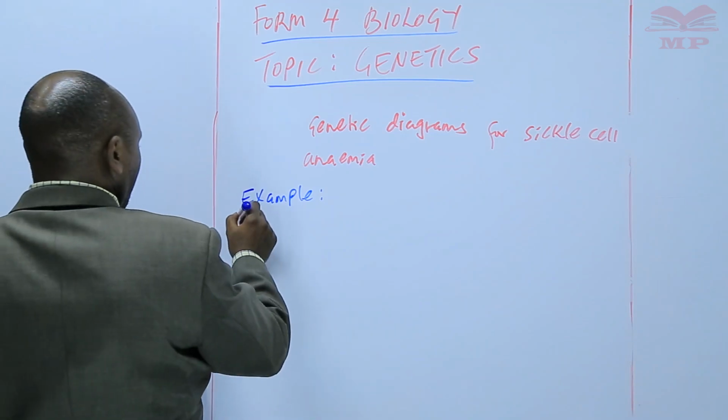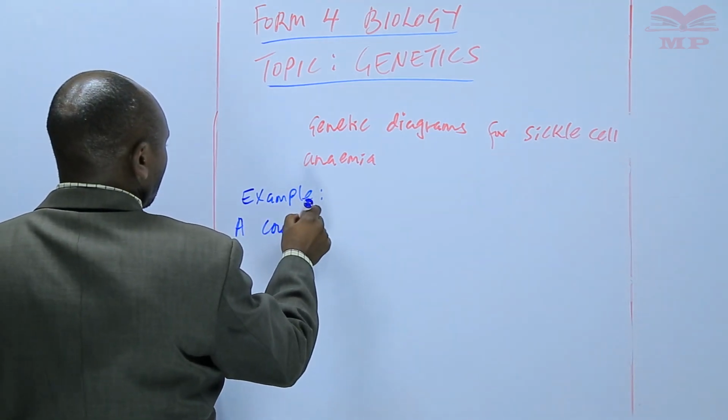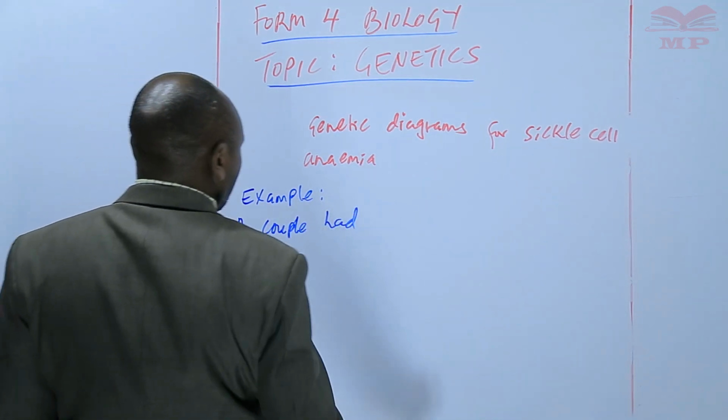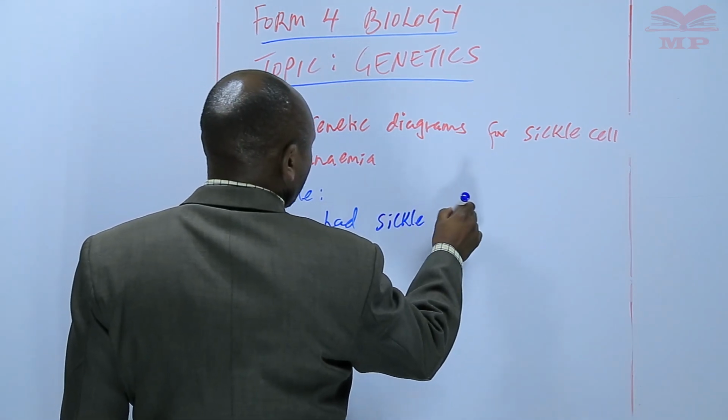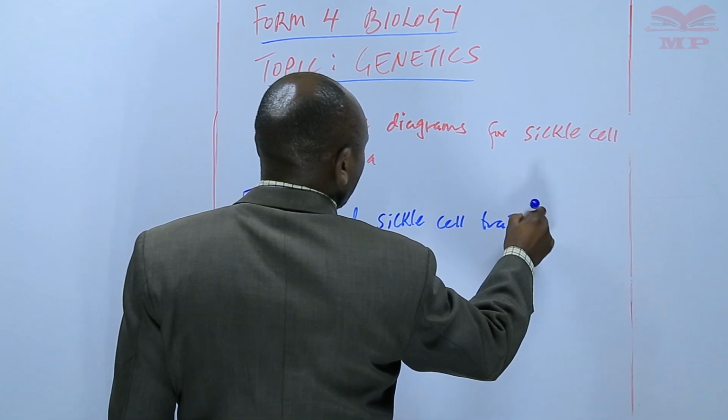So we're going to have an example whereby we are told that a couple had sickle cell trait.